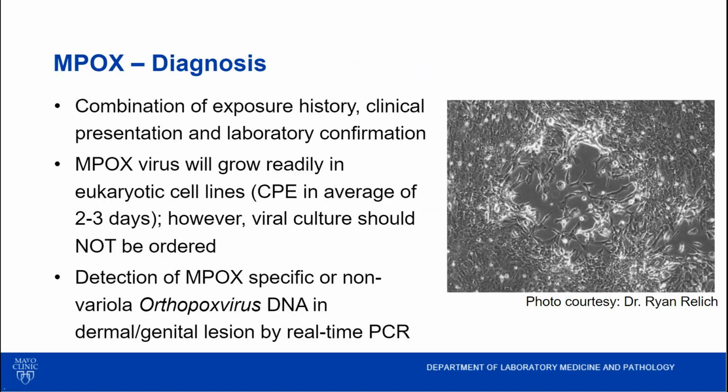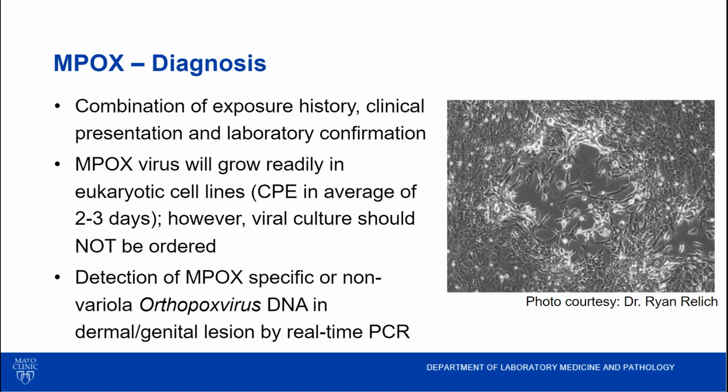So with regards to diagnostics, it's really a combination of exposure history, the clinical presentation, and laboratory confirmation. As I highlighted in our patient case, this virus will grow readily in eukaryotic cell lines, with a cytopathic effect appearing on average in about 2 to 3 days after inoculation.